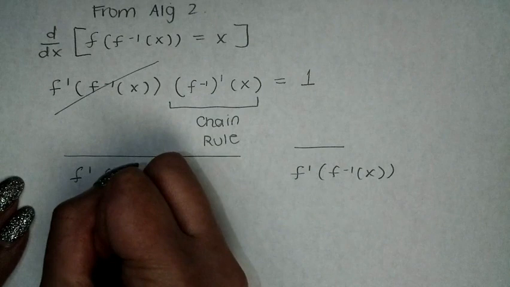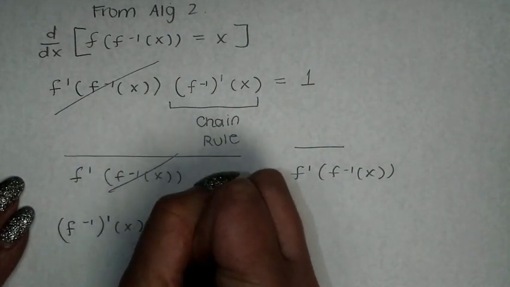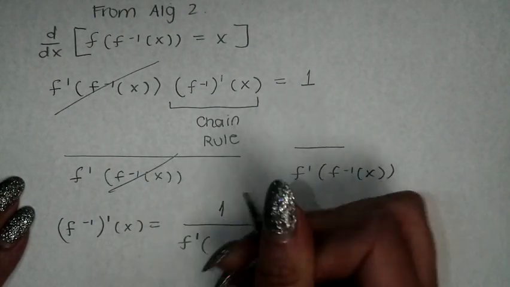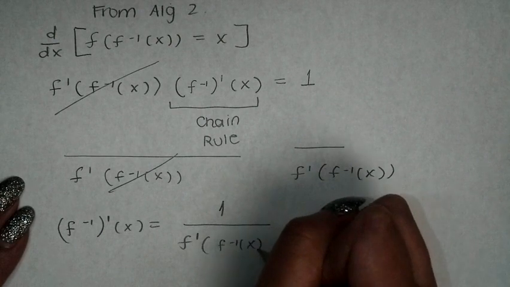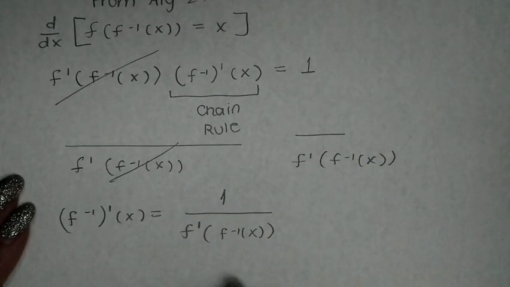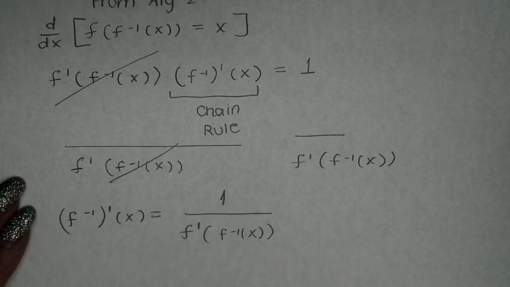So the derivative of the inverse evaluated at x is going to be 1 over f prime of f inverse at x. Isn't that nice? This is the formula that we're going to see in a second. This is how we can develop the formula.